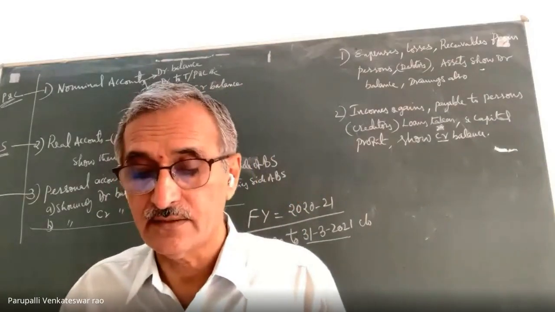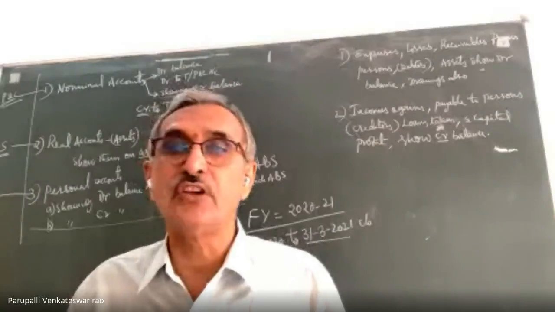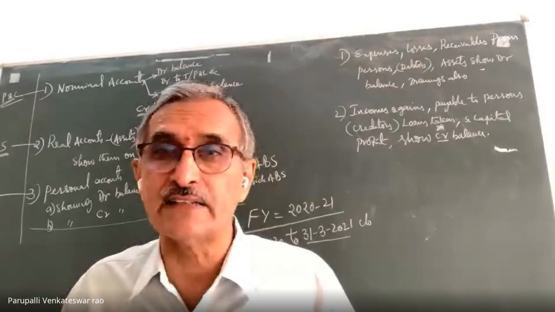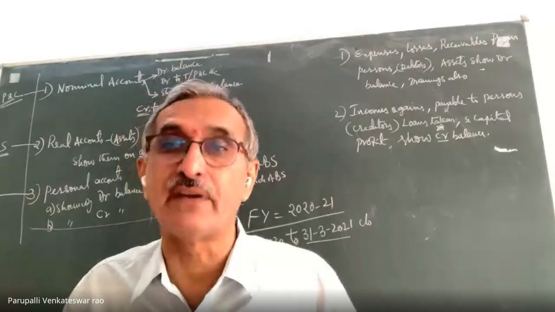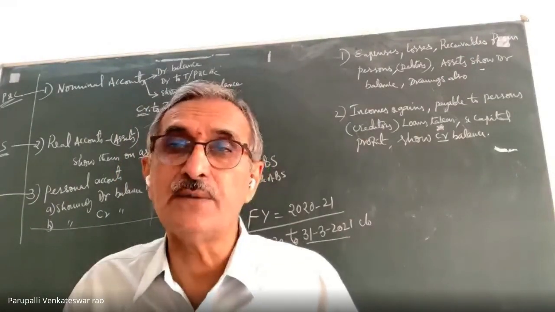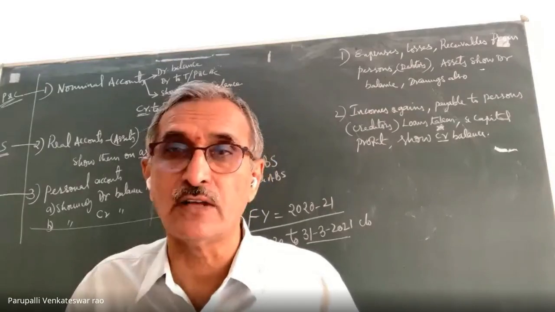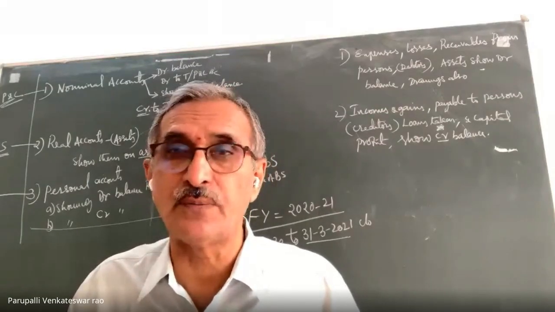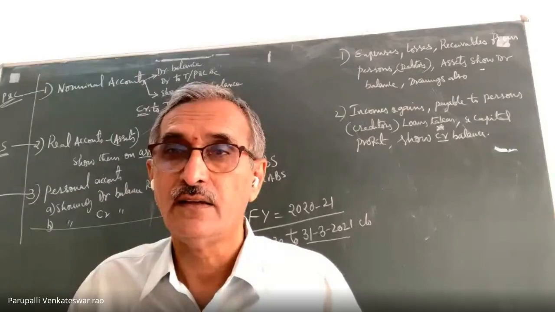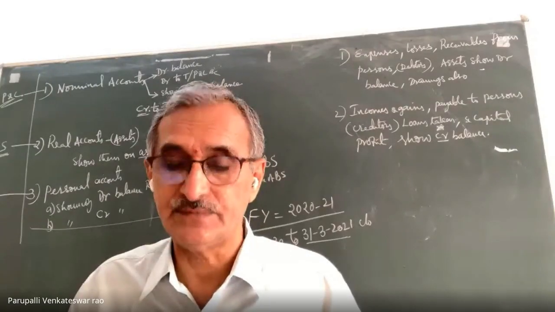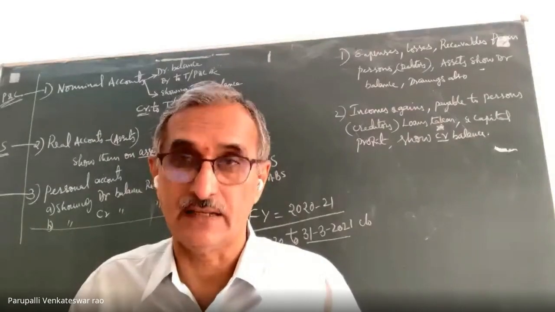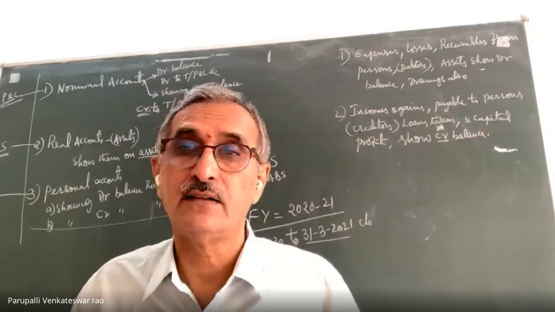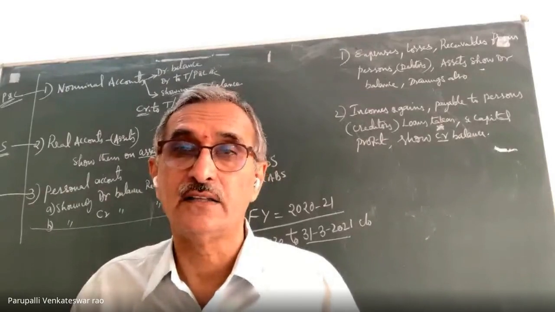Next. Fuel and power. Fuel and power means we have to use electricity for running the machinery. This is called power. Some companies manufacture but don't have an electric connection and don't depend upon public supply of electricity; they generate power internally for their requirement.